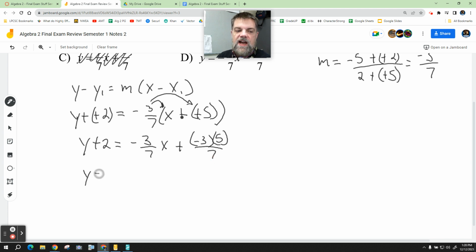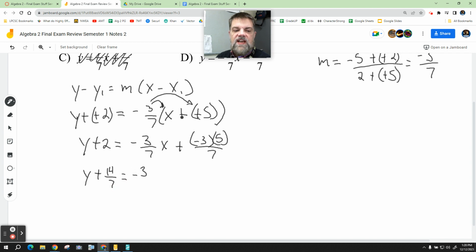So I've got y. Now I notice that these have 2 or 7s in the denominator, right? So how could I write 2 as a fraction with 7 in the denominator? 14 over 7, very good. So if I write this as 14 over 7, that's the same as 2.